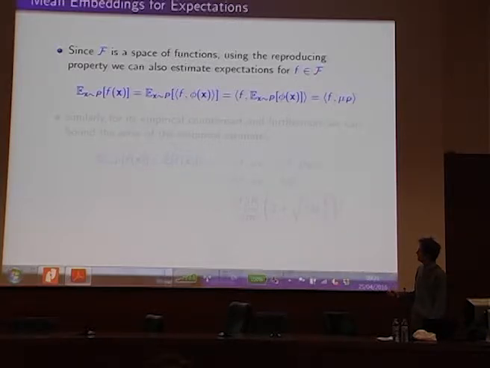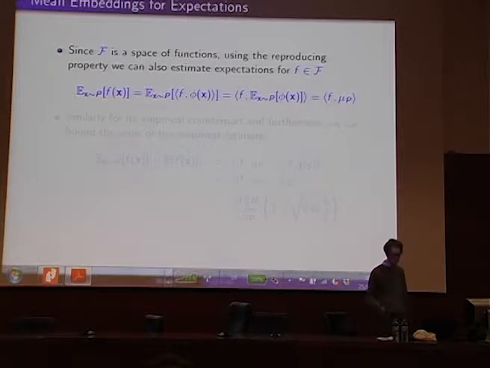For the expectation of f of x, use the reproducing kernel Hilbert space property that f of x is just the inner product between f and phi of x, the embedding of x. The expectation over x we can take inside the inner product. This is just our mu p.